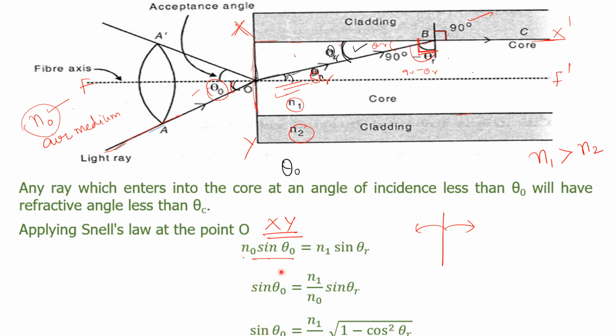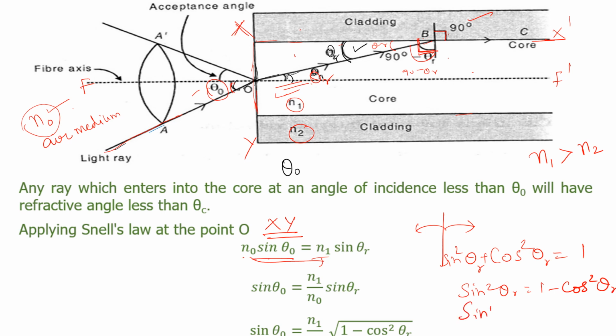Then taking n naught to the denominator of the right hand side, we get sin theta naught equals n1 by n naught sin theta r. We know sin square theta plus cos square theta is equal to 1. Here we have theta r, therefore sin square theta r is equal to 1 minus cos square theta r.